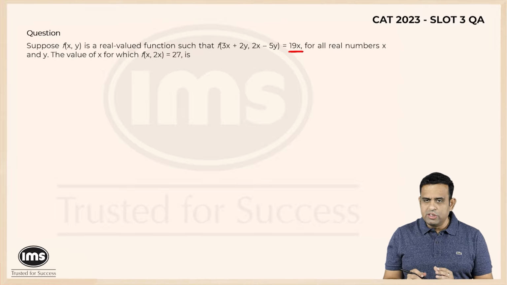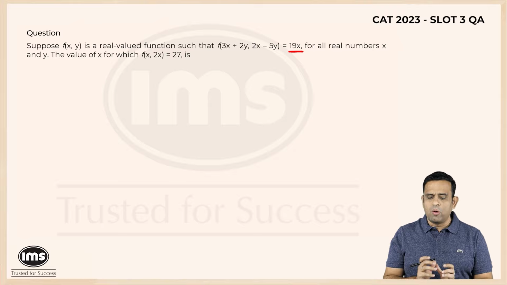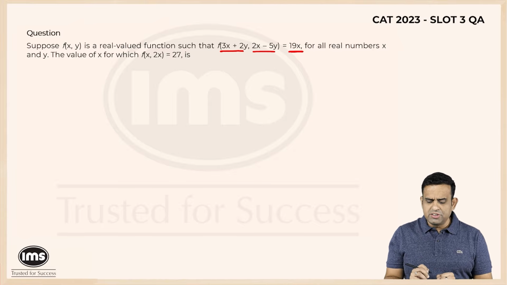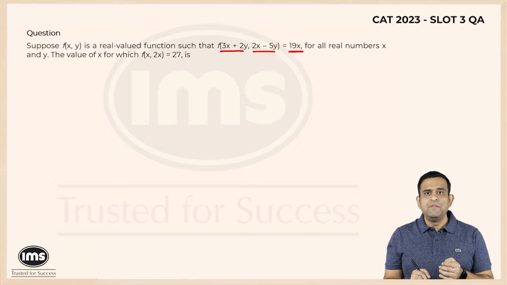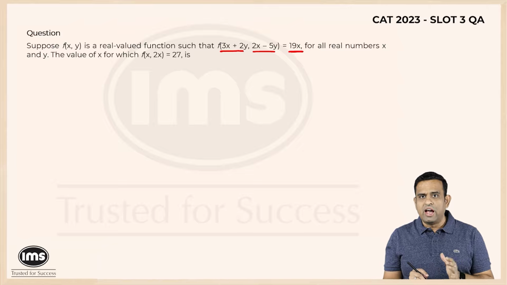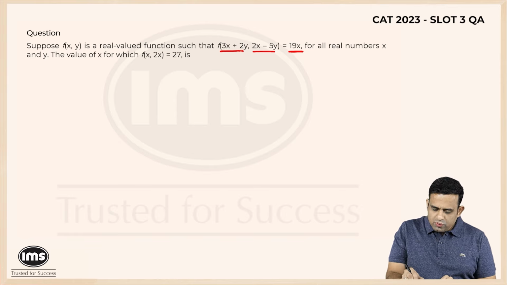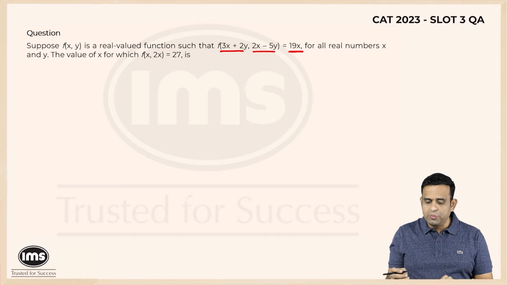So what we want to do is use some sort of linear combination of 3x plus 2y and 2x minus 5y, which is independent of y, and the coefficient of x should become equal to 19. If someone is good with numbers, you can see that I need a common multiple of 2 and 5, which happens to be 10.